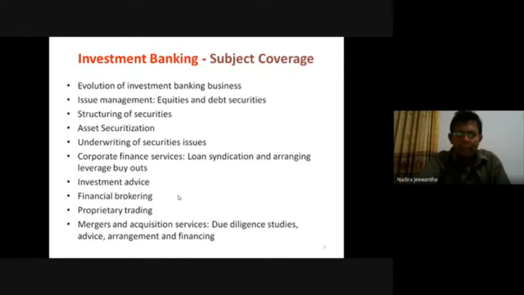Under derivative products, we have discussed forward exchange, options, futures. The most popular one is the forward exchange contract. Today you want to purchase dollars because you have imported a vehicle.